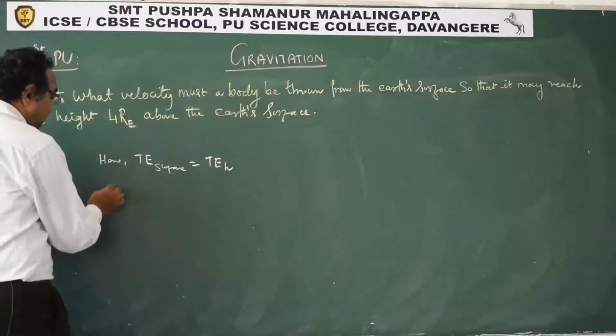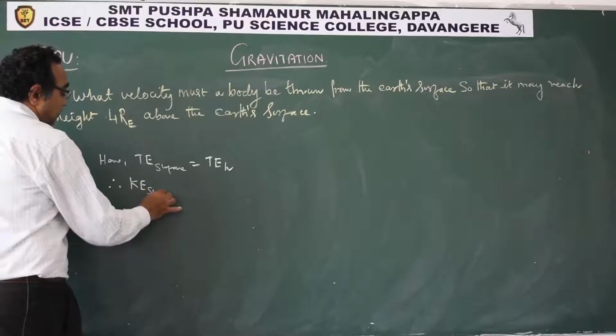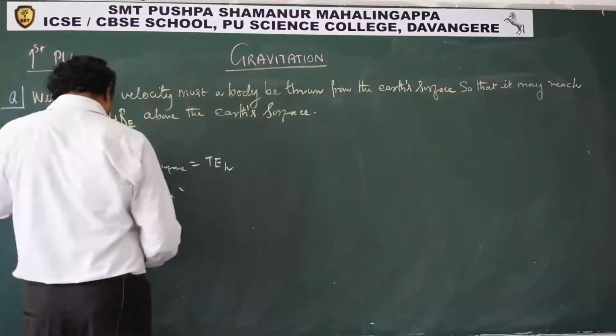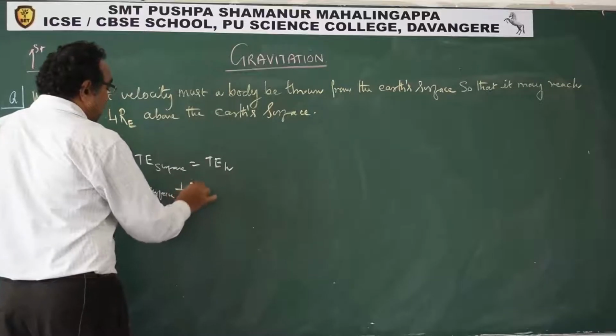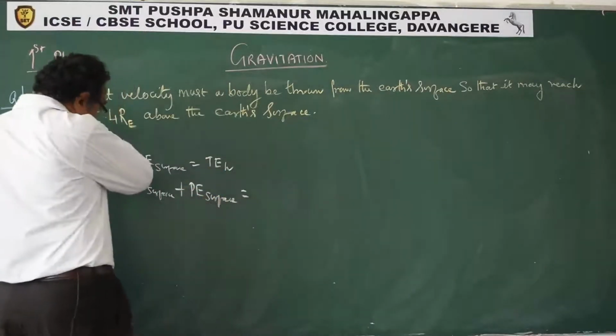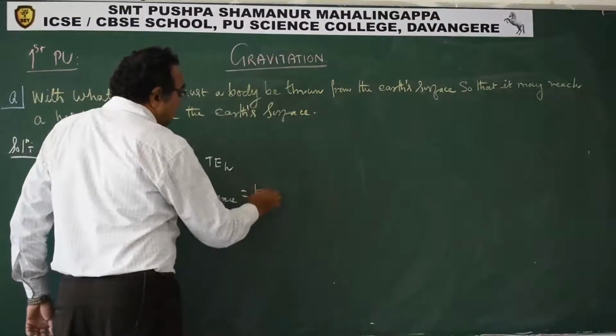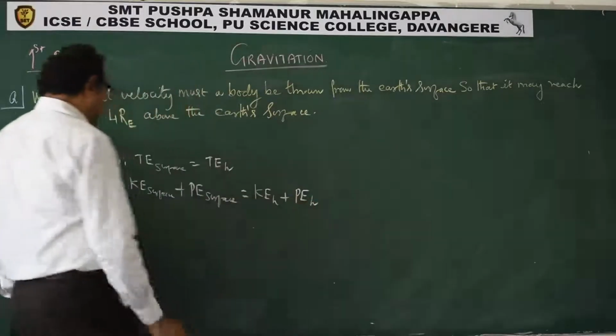So total energy is kinetic energy on the surface plus potential energy on the surface, equal to kinetic energy at height h plus potential energy at height h.